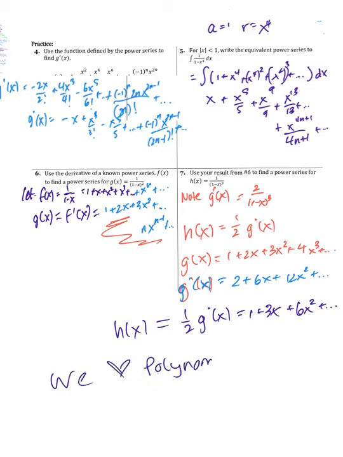Polynomials are super easy to integrate and differentiate. We can use power series we have seen so far to define more complicated functions like e to the x and natural log of x or natural log of x plus 1. And that might be incredibly helpful, and we're going to extend and see why that's helpful in future sections.